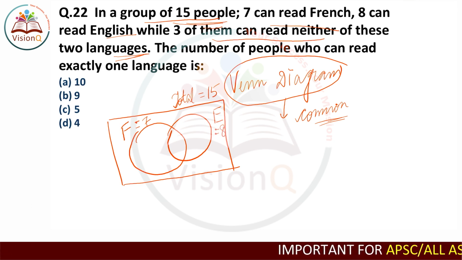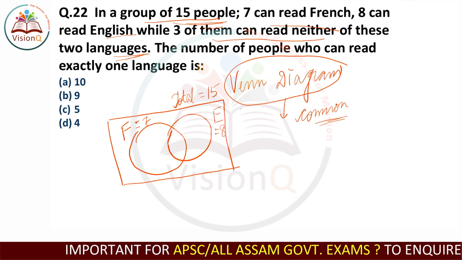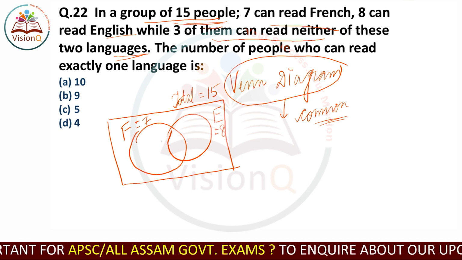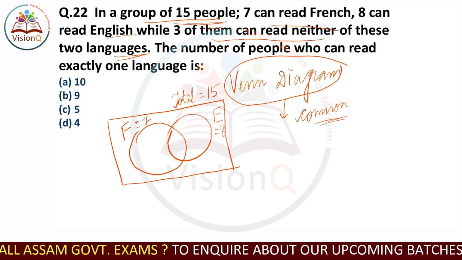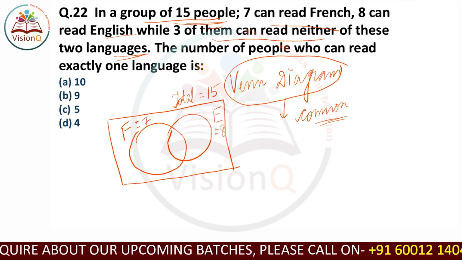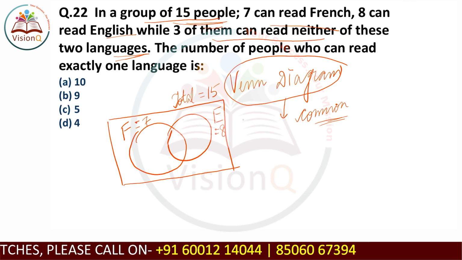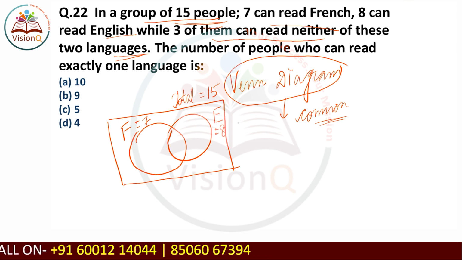And 3 of them read neither English nor French. Those regions in the circles represent those people who can read English, French, or both languages. The region outside the circles will represent those people who can read neither English nor French. That means these 3 will come outside the circles.